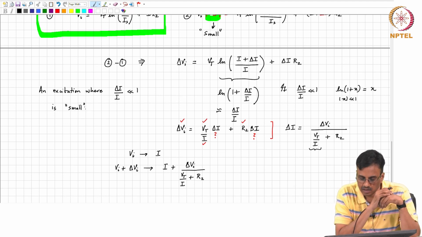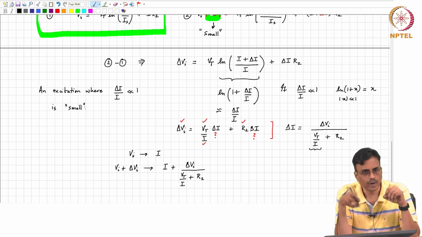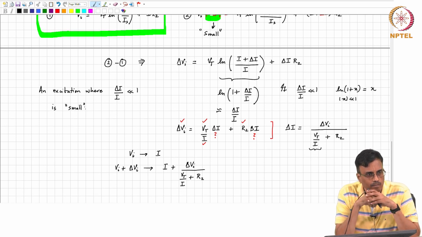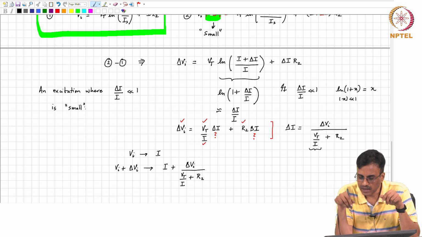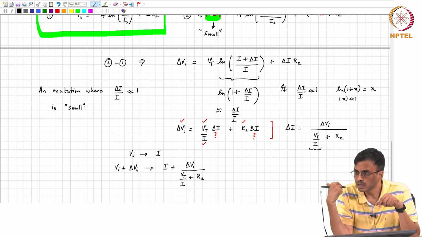A small excitation, or a small change in the input, is defined as that which results in a change in the loop current, where the change is much smaller than the current I, and that pertains to this particular example.